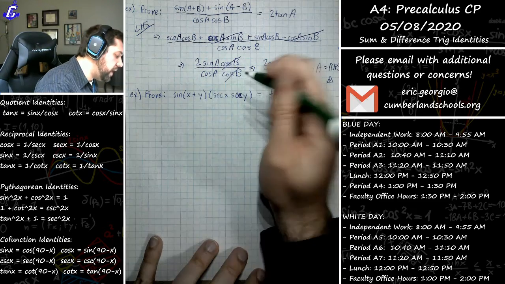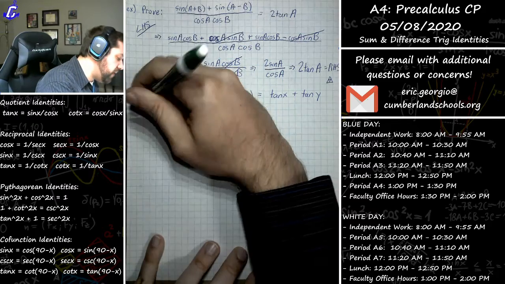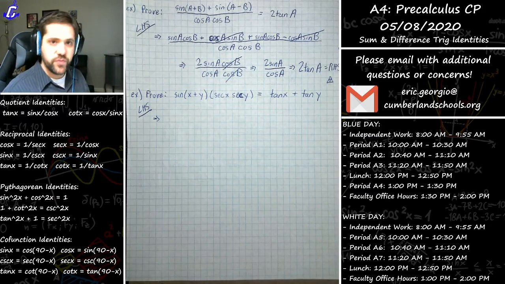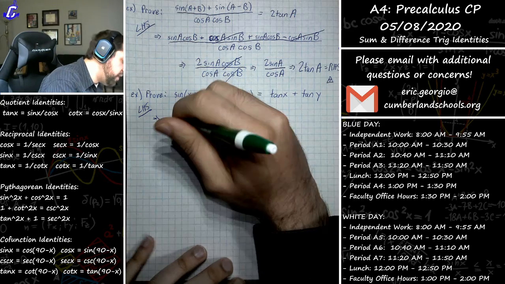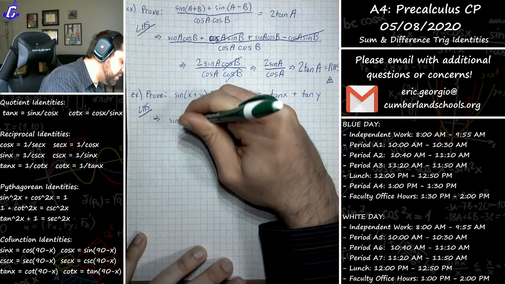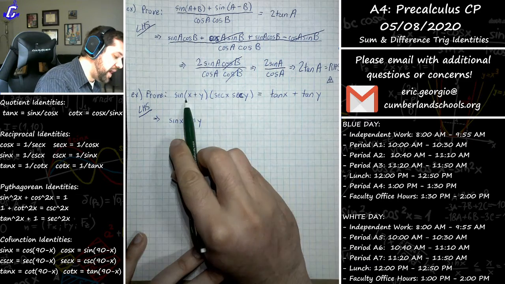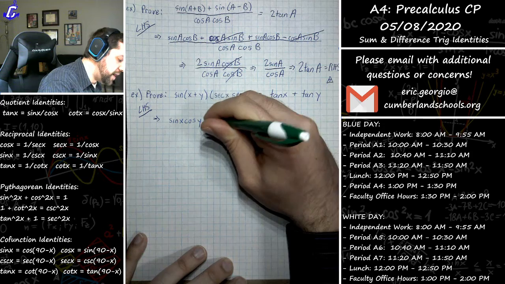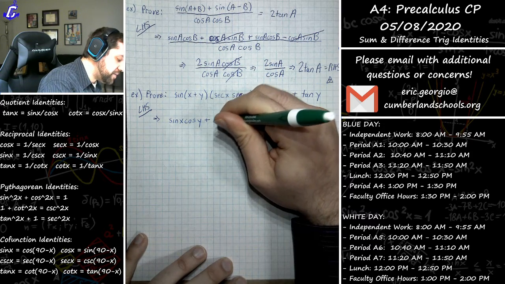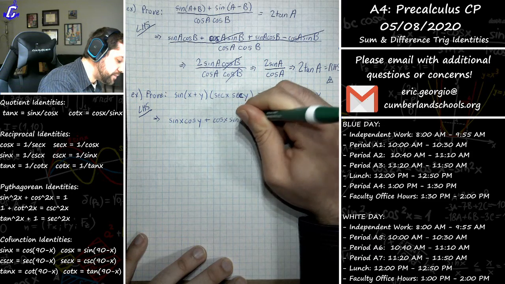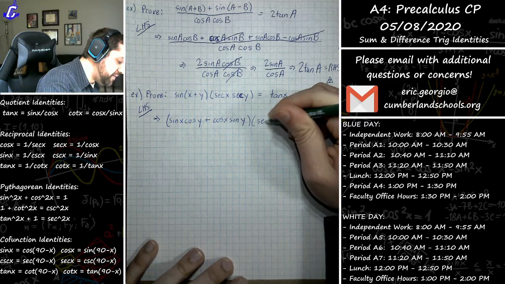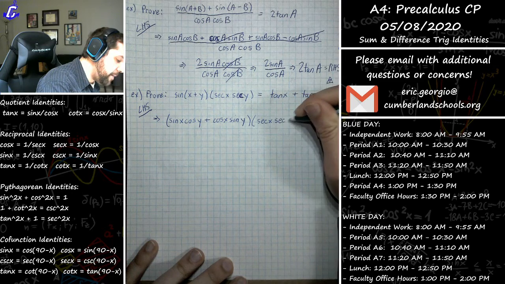Okay? What I would do first is I would look at sine of x plus y. We're going to work with the left-hand side. And I can expand that out using my sine sum and difference identity. I can say, well, the sine of x plus y is the same as the sine of x times the cosine of y, right? That's sine of a cosine of b, plus, sine is going to stay the same, cosine of x, sine of y. And that is all being multiplied by the secant of x times the secant of y.